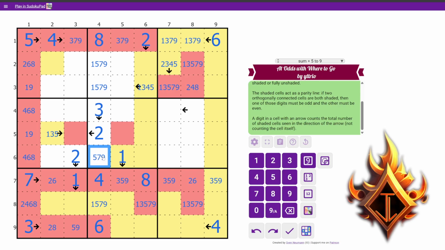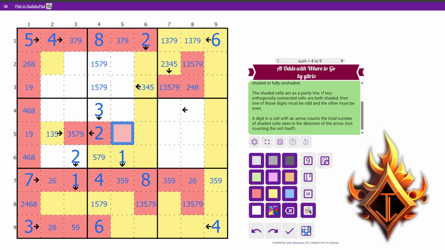So that is not red. And that one now must be, because of the 3 clue. 1, 2, 3. This is odd. 3, 5, 7, 9 is all it can be.